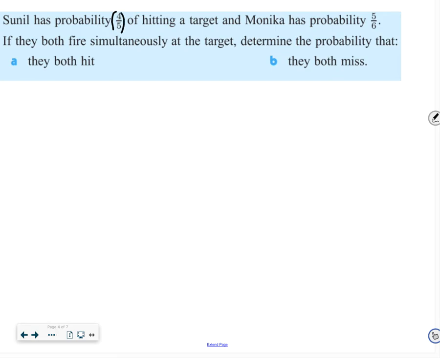They're independent events because Sunil and Monica are shooting at the same time, so they don't know if the other one is going to hit it, and that probability is not going to change. So 4/5 times 5/6 is equal to 20 out of 30, which is a 2/3 probability.